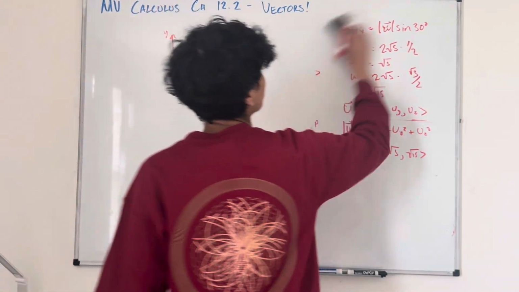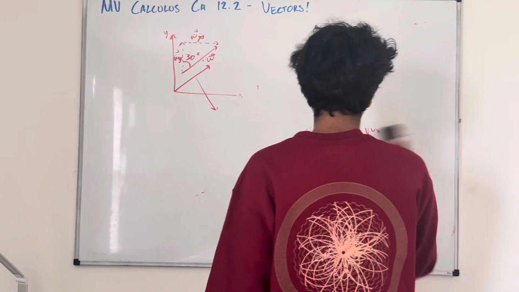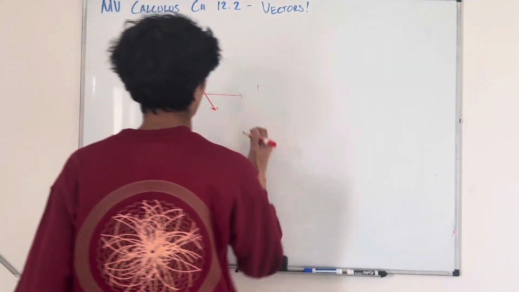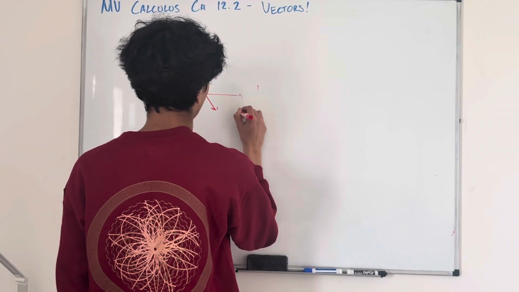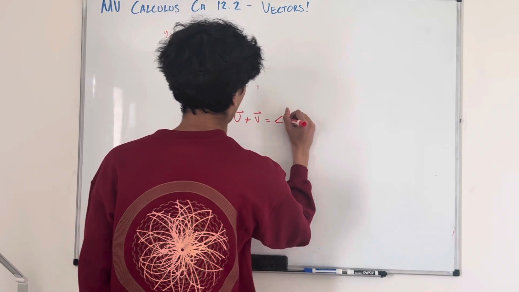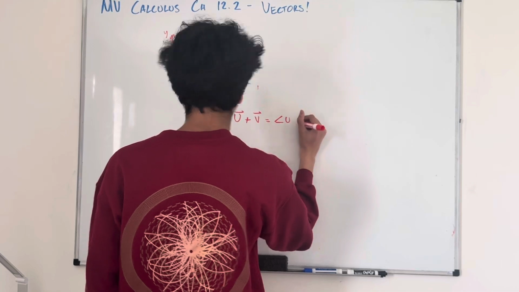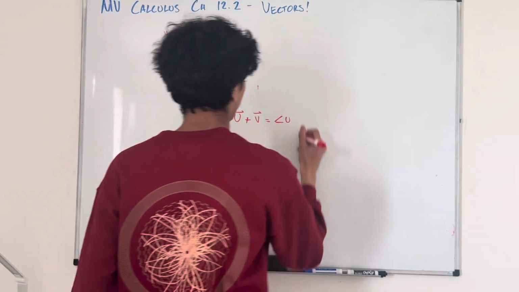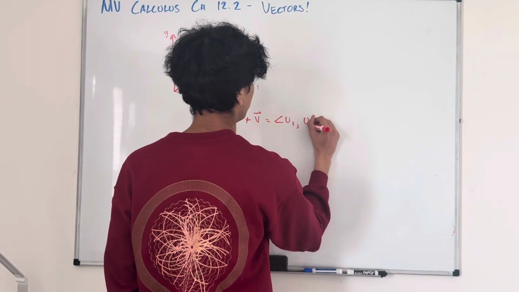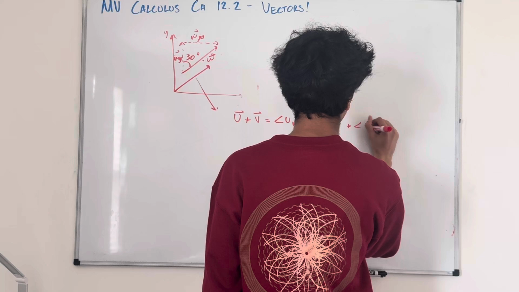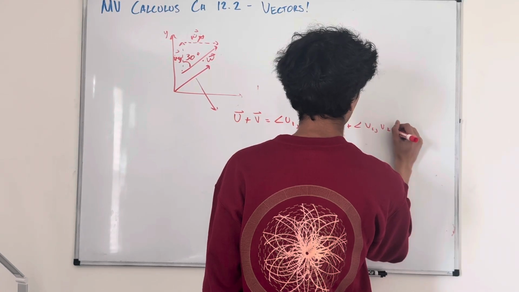Now that we have components, we can say that u plus v is really the same thing as u. I'll use numbers, so it's going to be u1, u2, u3 plus v1, v2, v3.